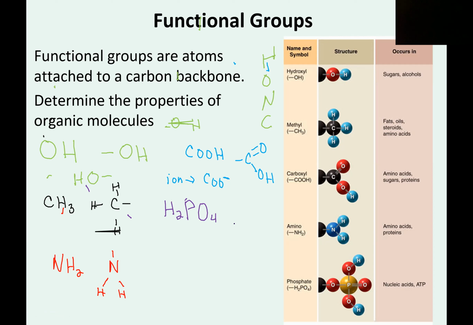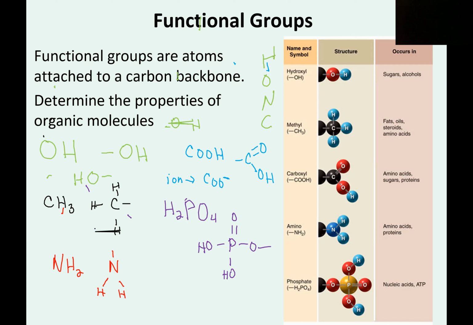So phosphorus is surrounded by the 4 oxygens. Two of them are going to have hydrogens on them. One of them is going to have a double bond, and then the one that's going to be attached to the rest of the molecule.